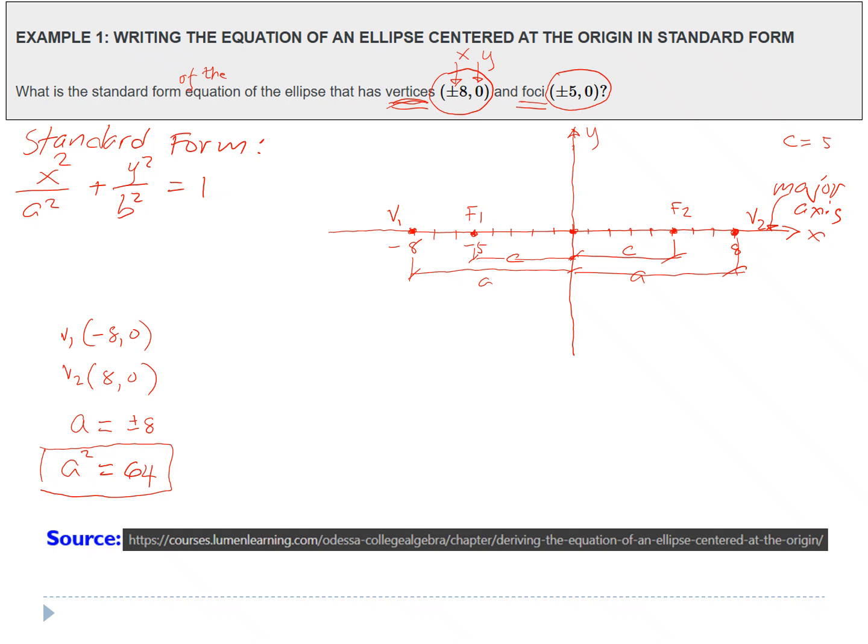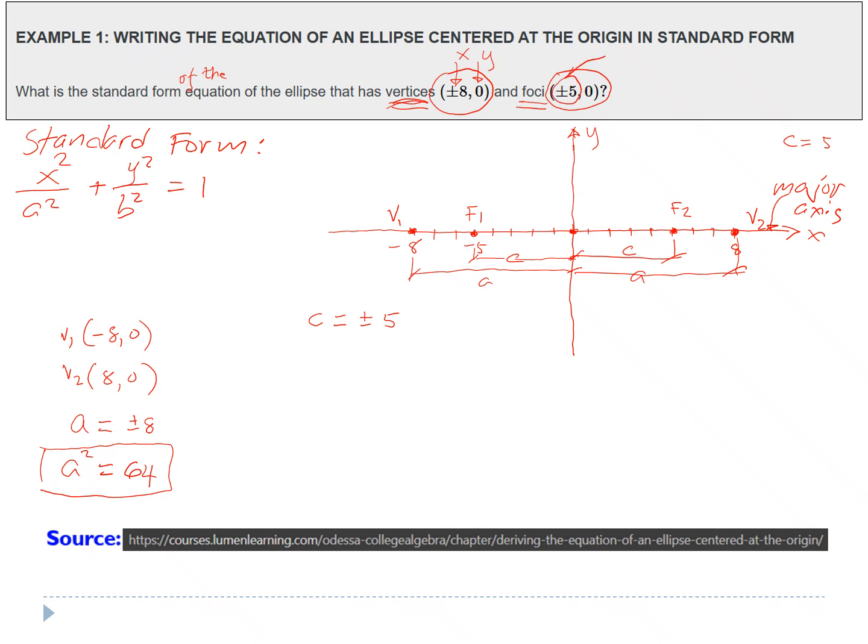We also need b squared. But what is b squared? We don't know b squared. So how to solve b squared? B squared can be calculated using c squared. So we're given c, which is equal to plus and minus 5. So this is our c.